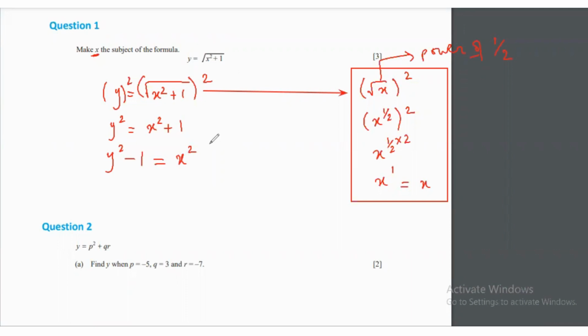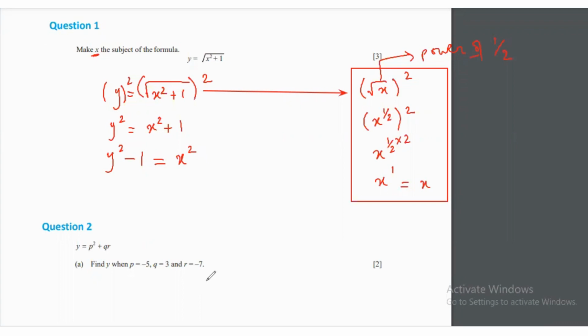If it was being added on the other side, it would get subtracted. If it was initially being multiplied on the other side, it would get divided and vice versa. So just keep in mind when you're moving a term to the other side, whatever operation is performed on one side, it performs the exact opposite on the other side. So y squared minus 1 equals x squared.